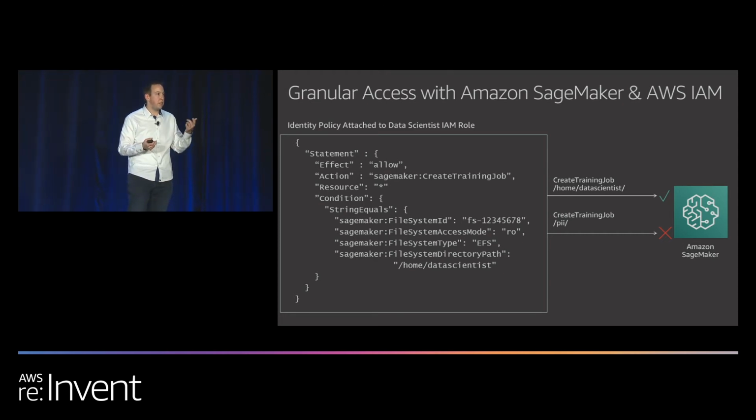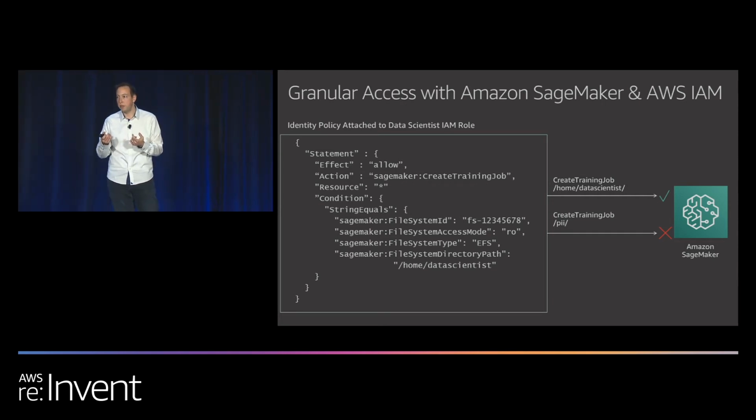Oftentimes in that case, each data scientist has their own home directory. And we wanted to enable the case where each data scientist is allowed to launch a training job in their own home directory or maybe in a shared directory, but potentially not in whatever directory contains PII information or something that would be more sensitive.